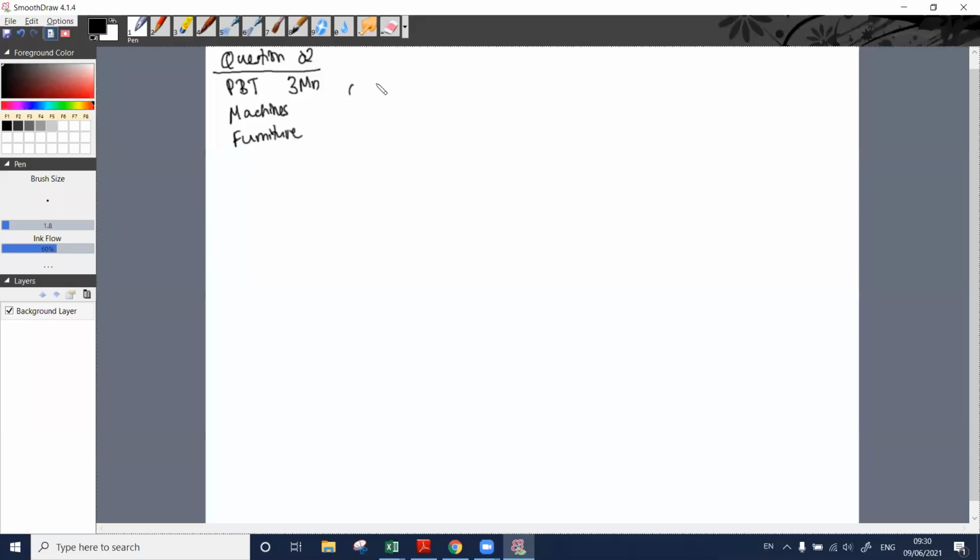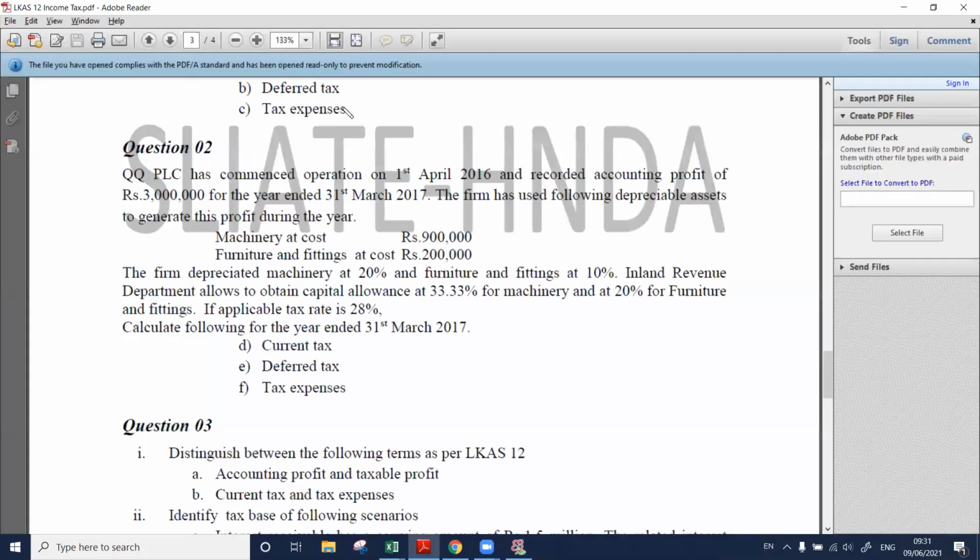So they have given us the cost, depreciation rate, and the capital allowance rate. 900,000, 200,000.